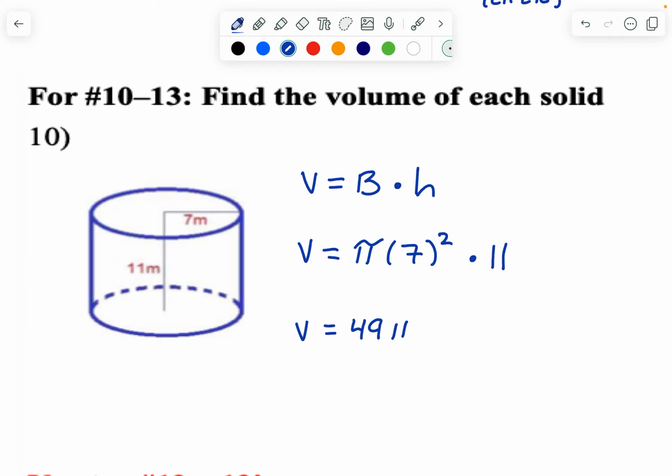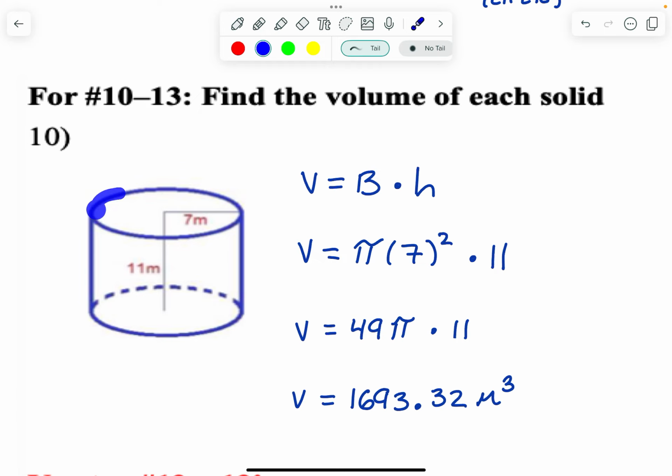So you have 49 pi times 11. If we wanted to leave this in terms of pi, we would just multiply 49 pi and 11. But in this case, it doesn't specify, so we can just round it. Volume is equal to 1,693.32 meters cubed. Area of the base. Base is a circle with a radius of 7 and a height of 11.